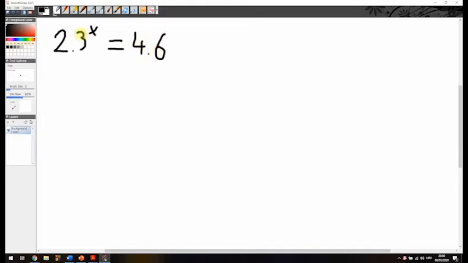So the first thing you notice is the base here is not an integer. But that's fine, because the base of a logarithm also doesn't have to be an integer. It can be any real number, b, that's greater than 0 and not equal to 1. So this is all fine.